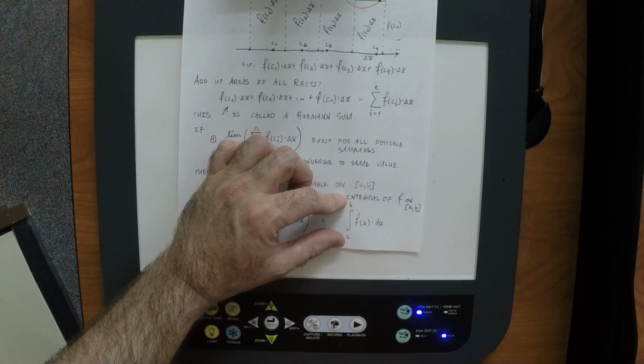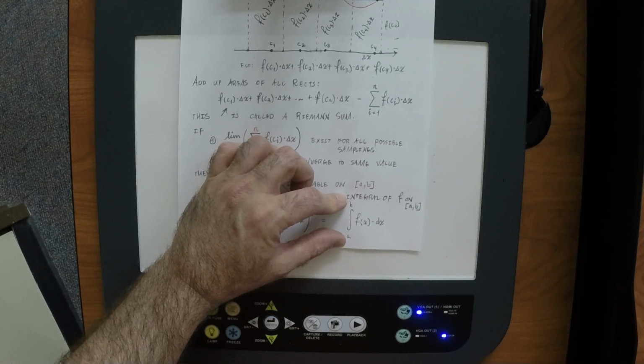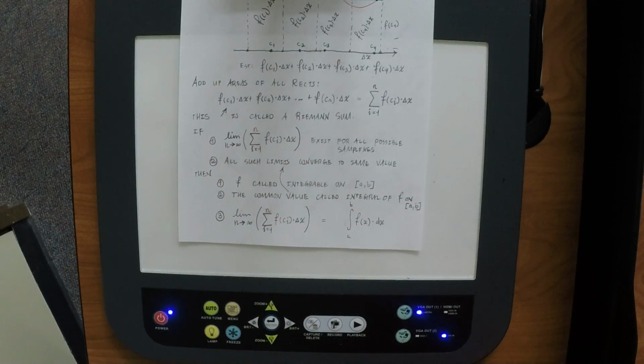The integral is cutting a shape up into infinitely many infinitesimal rectangles, summing them all up, and finding the resulting value. So in particular, the result of the integral procedure is a number, right? It's a number.